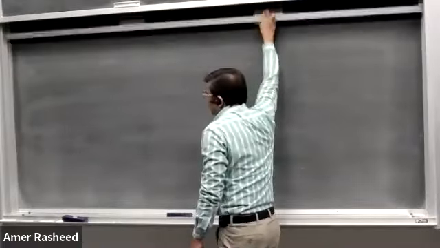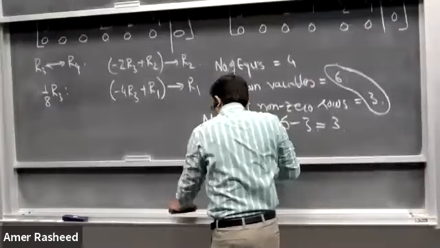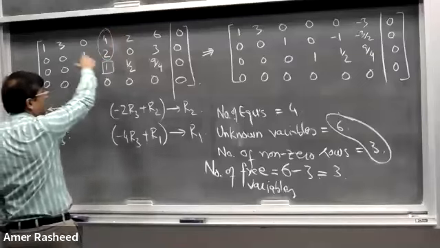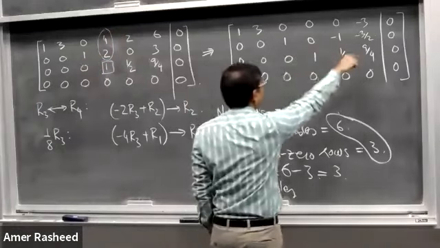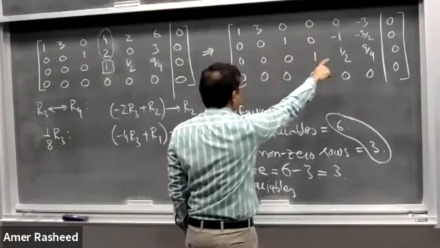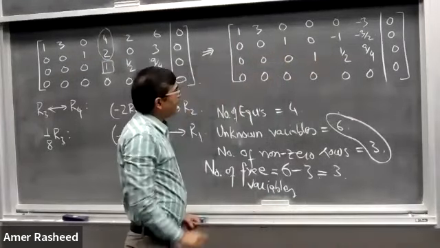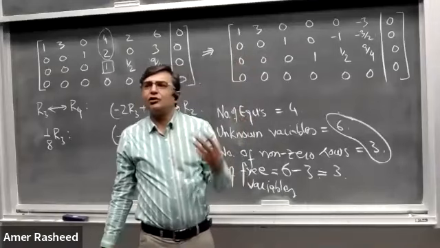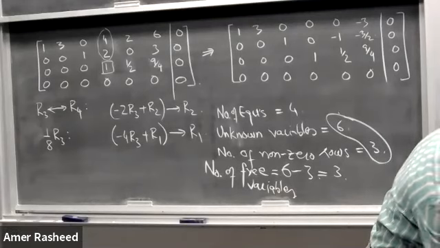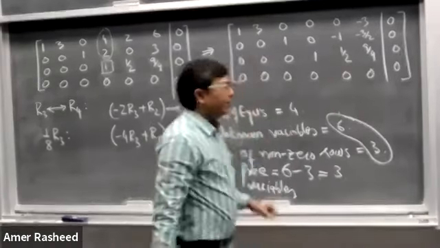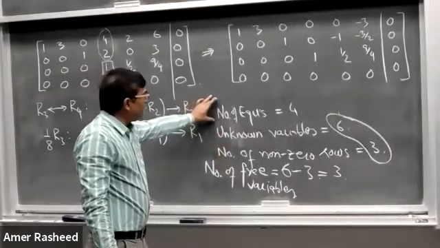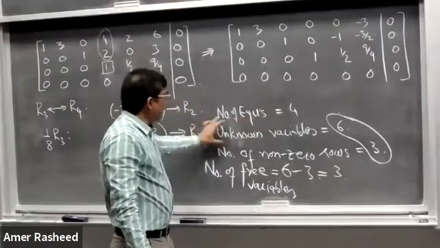Okay. We have applied a couple of more row operations in order to reduce that augmented matrix into reduced echelon form, this one. Once we have found the reduced echelon form, then we can write the corresponding solution, which is basically infinitely many solutions corresponding to the given homogeneous linear system. Now, one observation: we look at the number of equations and unknown variables.